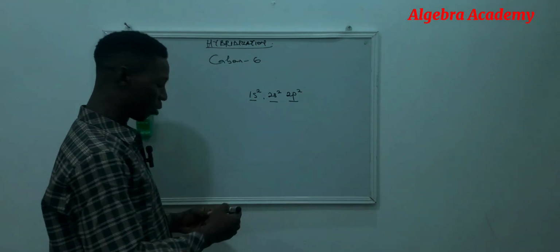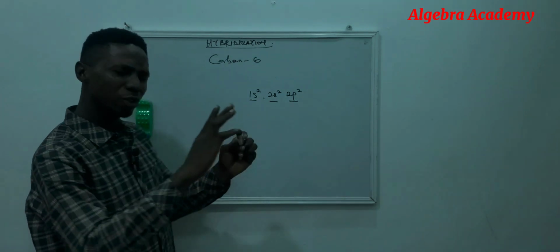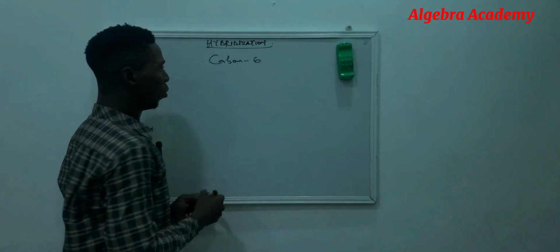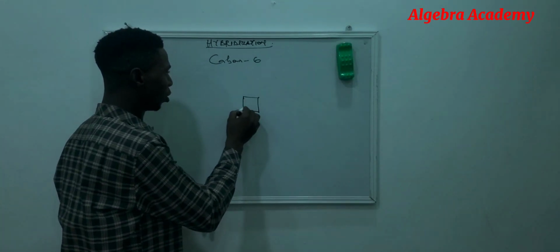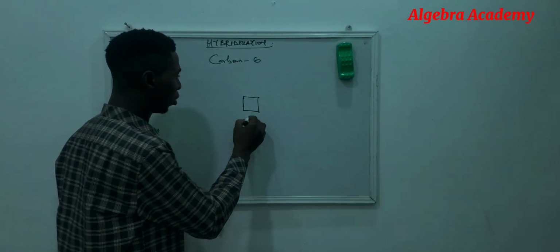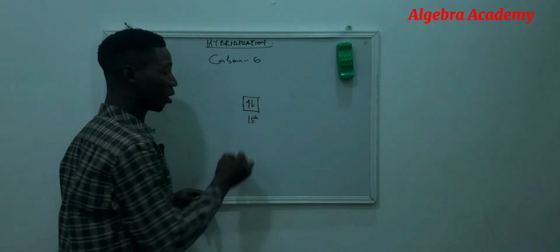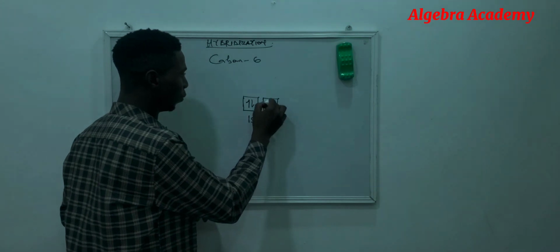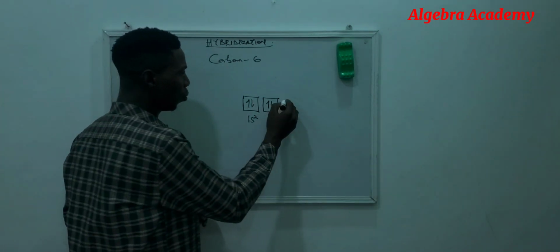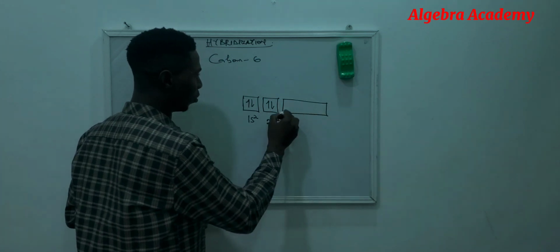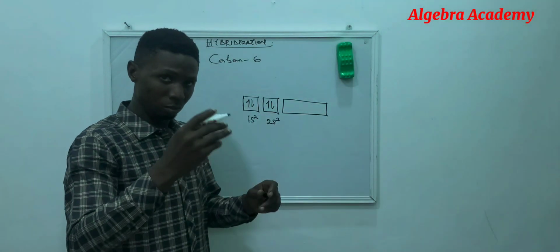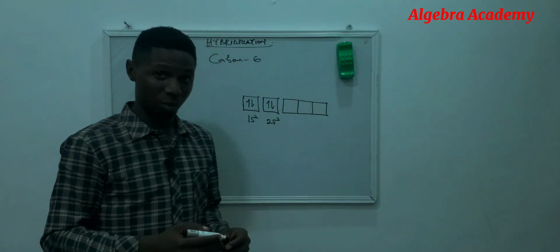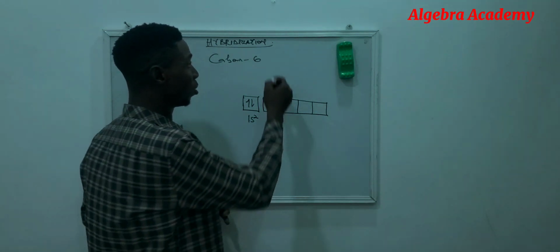Now, looking at this particular hybridization, let us look at it in a more explanatory way. Let's say we have 1s2 like this in a box. 1s2 means it contains 2 electrons, the first and the second electron. 2s2, the first and the second electron. 2p: the p orbital contains 3 boxes, the first one, second one, and the third one, because the maximum number of electrons that the p orbital can accommodate is 6.